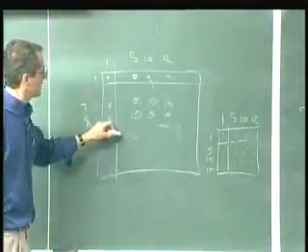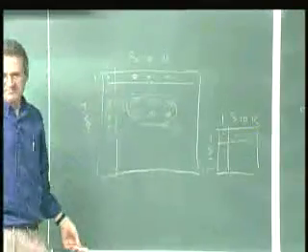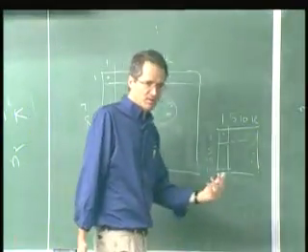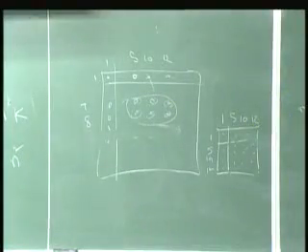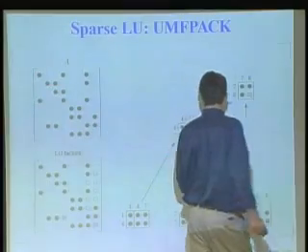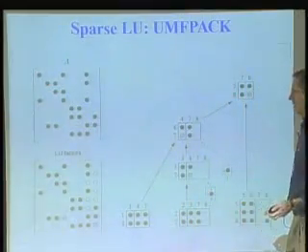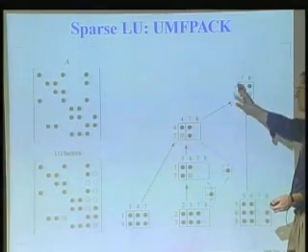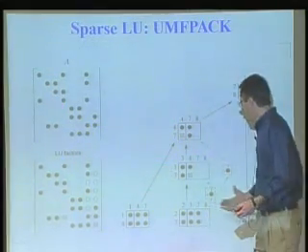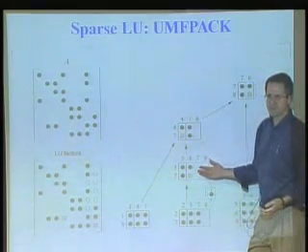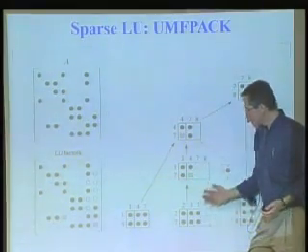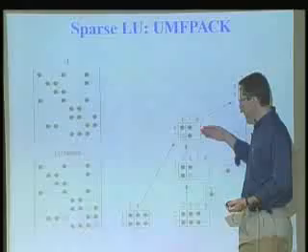Now you get rectangular frontal matrices. That's all that's different. Instead of square, they're rectangular. However, because they're unsymmetric, the parent is no longer a subset of the child. And sometimes these entries can go to the parent, sometimes they have to go up to the ancestor.